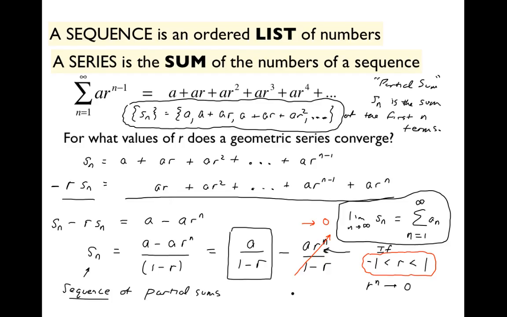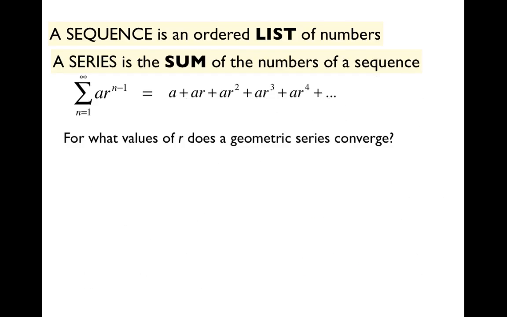Okay, questions on that? Does that make sense? Okay, so let's just include that over here. So what is this? This equals A over 1 minus R when?